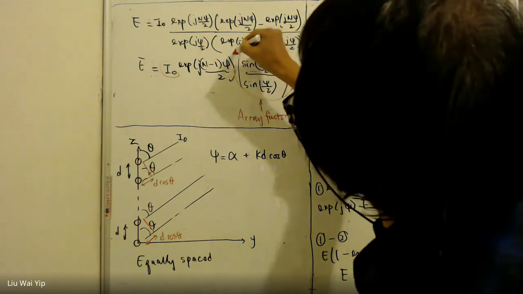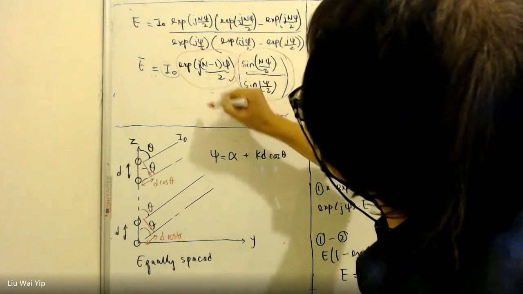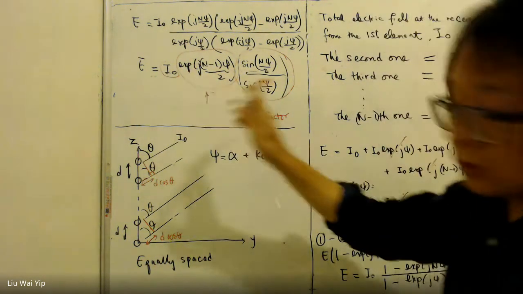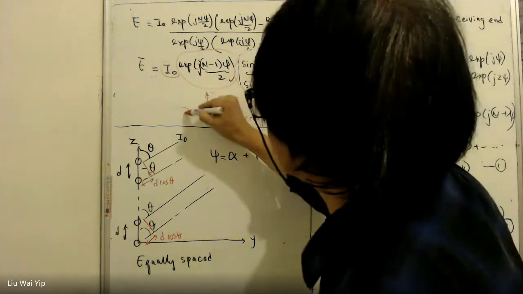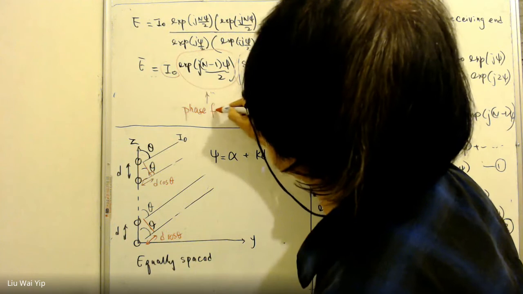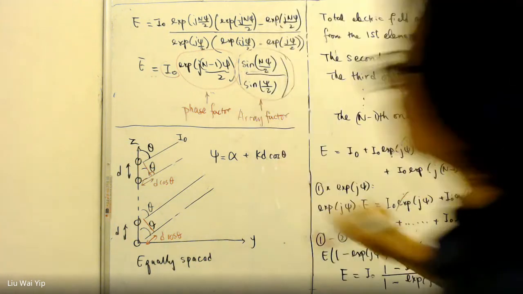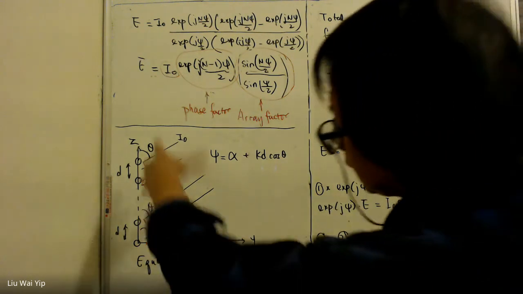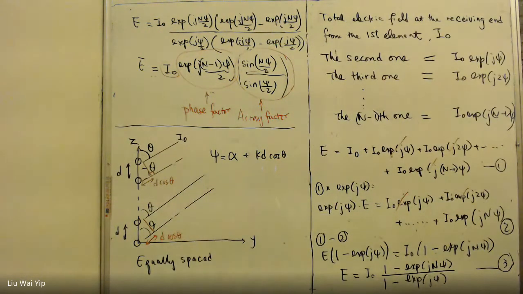This one here is called the phase factor because it only affects the phase. And finally, I_n can be a complex number, it can be a constant, or any function that is dependent on the direction.